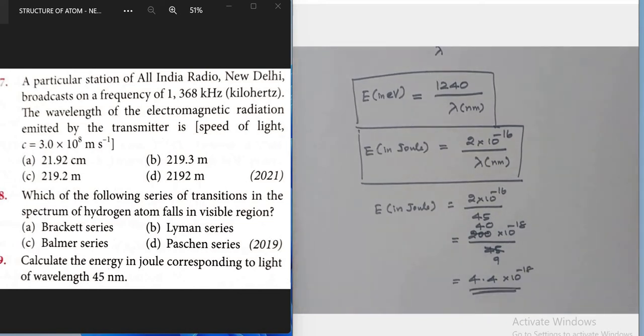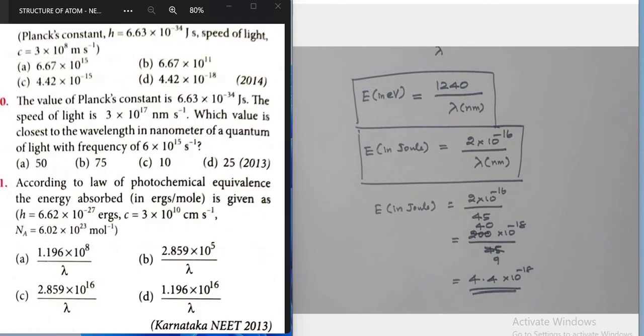Roughly it comes out as 4.4 into 10 power minus 18 joules. Take note. So what are the options given? 6.67 into 10 power 15. Can you tell me which is the correct option? The correct option for this question is option D, 4.4 into 10 to the power minus 18 joules. Take note.